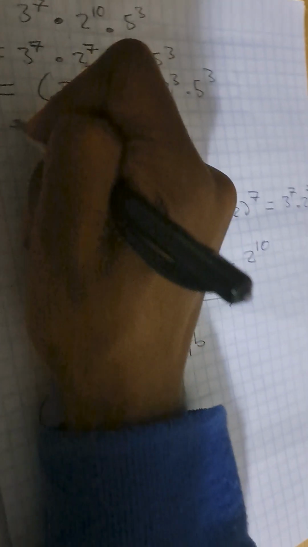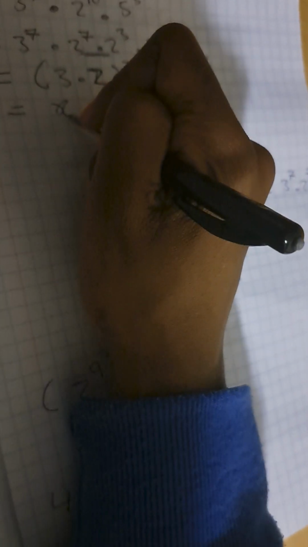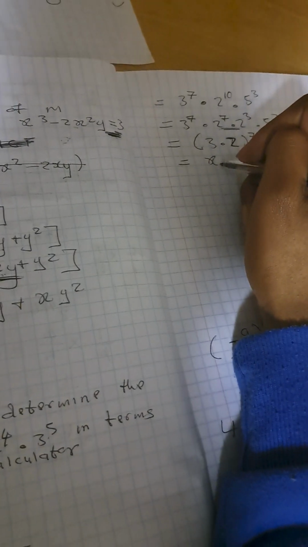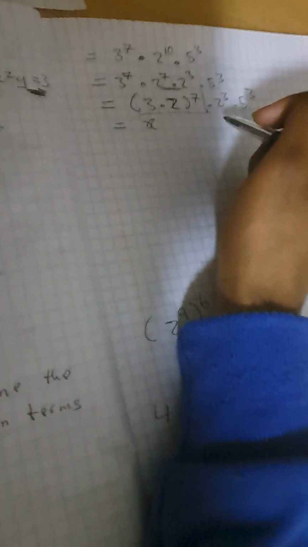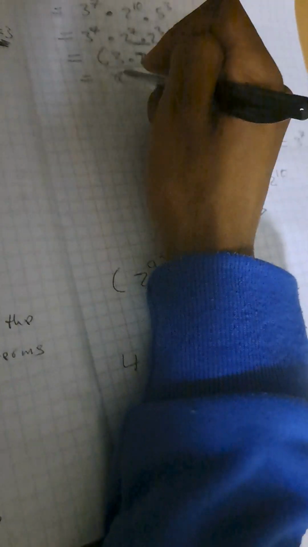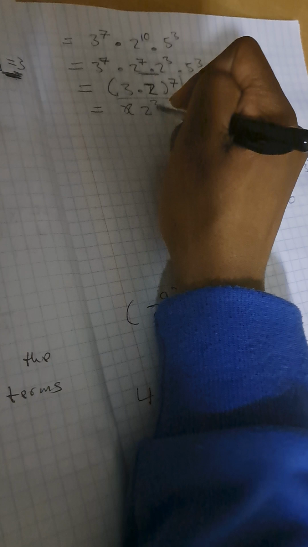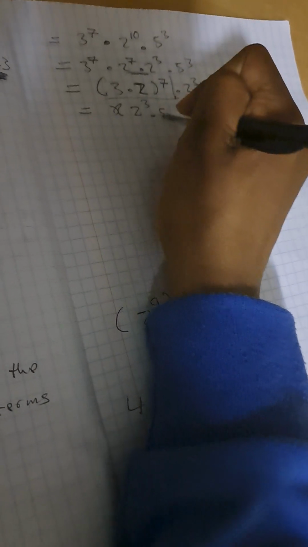So this entire thing is equal to x. So x is equal to 2 to the power 3 times 5 to the power 3.